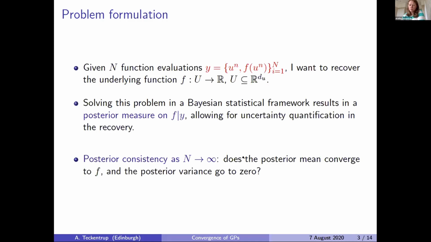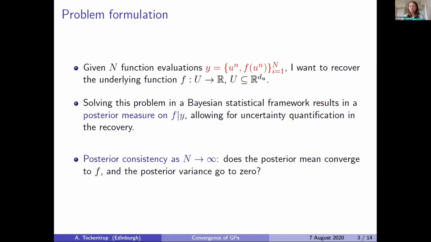In particular, what I'm going to look at is if the mean of my posterior converges to the true function f, and if the variance of the posterior goes to 0. Right? So if this is the case, then for this probability measure that we get on f given y, we know that the mean actually recovers our true f, and the variance goes to 0, and so we recover the true function f in that setting.